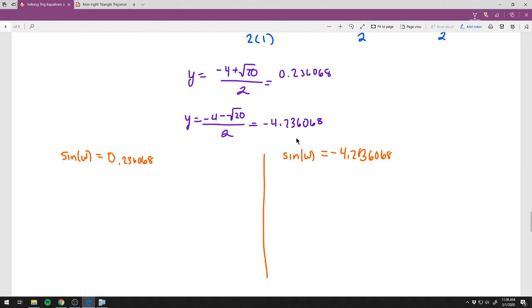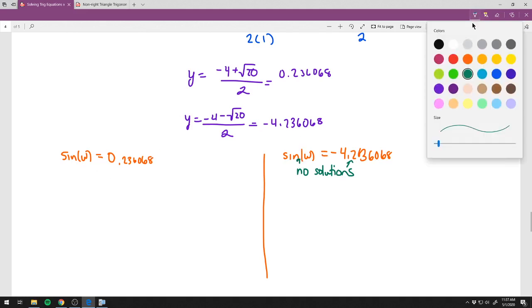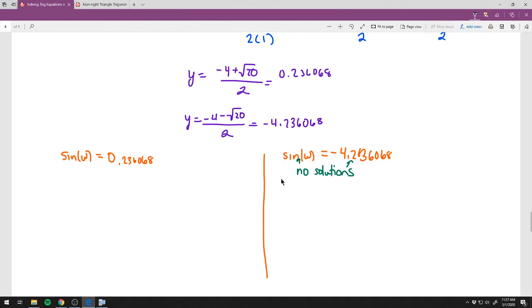Now, for the same reason as last time, this one has no solutions because sine has to be between -1 and 1. And if you do your calculator with the inverse, you'll see that. So there's no solutions for this one. But for the one on the right, it is between -1 and 1. We will have solutions.